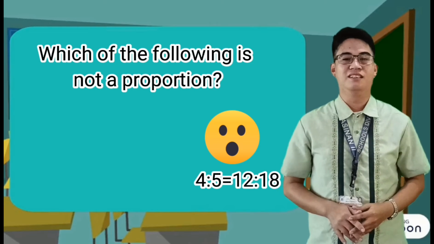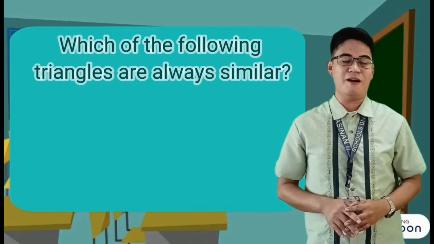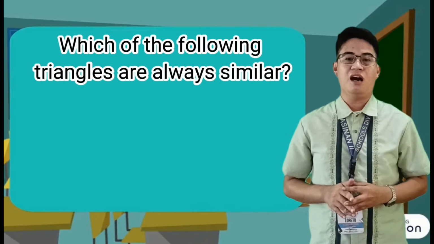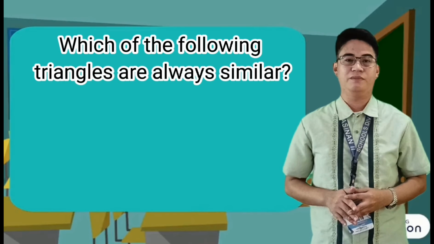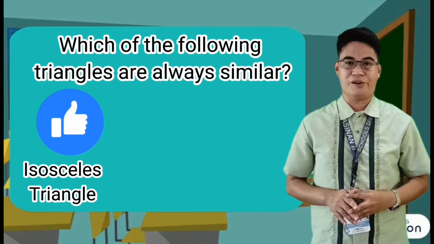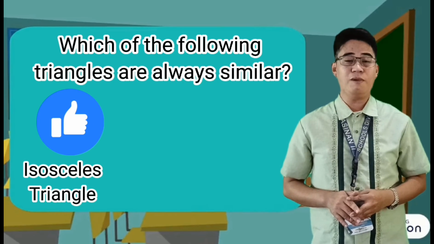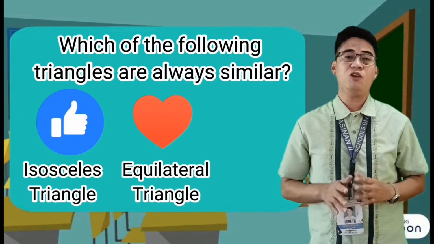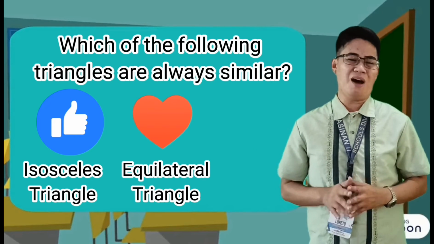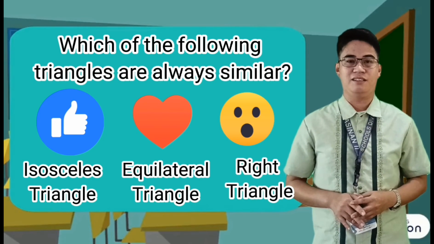That's fantastic. Now, let's proceed to number 3. Which of the following triangles are always similar? Will you choose like, isosceles triangle? Or will you choose heart, equilateral triangle? Or will you choose wow for right triangle?